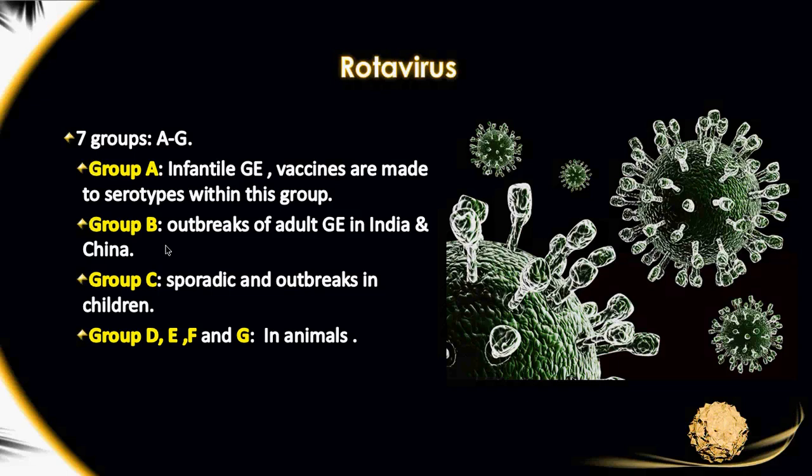Group B may result in limited outbreaks of adult gastroenteritis, maybe in India and China, and group C also causes minimal sporadic cases and outbreaks in children, and the other groups only affect animals. But group A rotavirus really results in severe infection, especially in children less than 5 years.